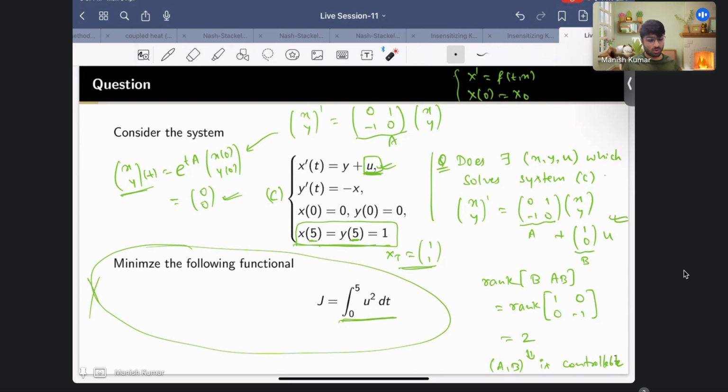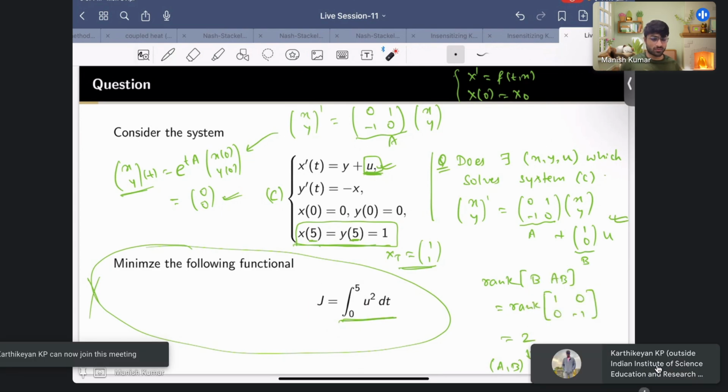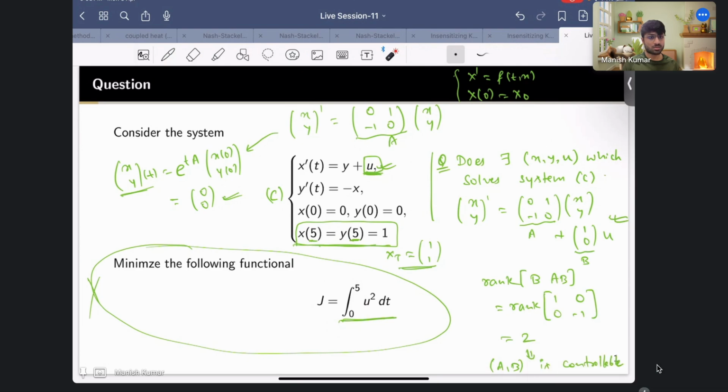And you have already seen that the control we gave when we were discussing controllability has minimum L2 norm. That was already discussed, right? So here you are lucky that you know what the minimal control is.